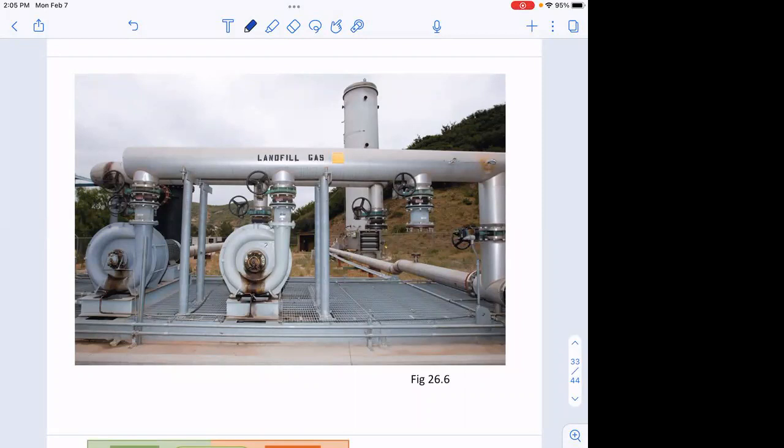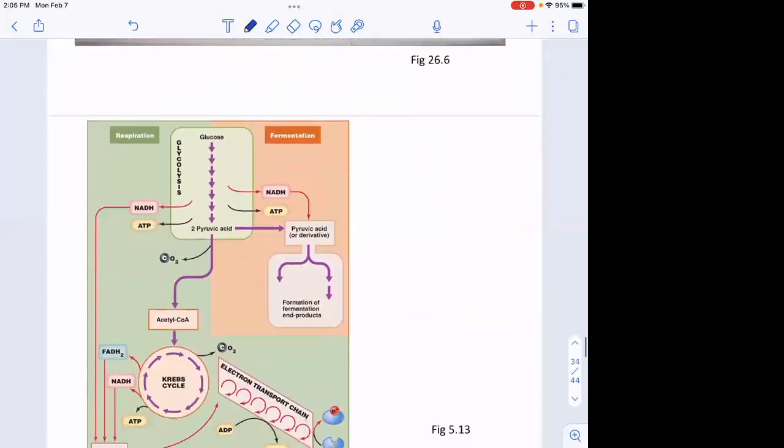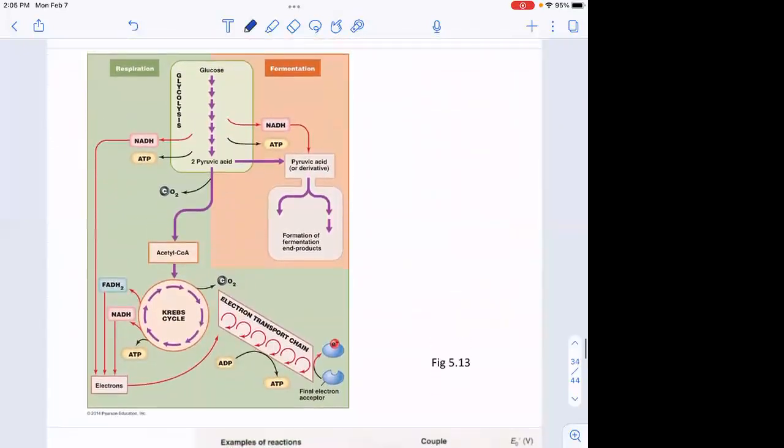All right, so what point was I going to make here? Okay, it's important to recognize, and sometimes we get mixed up between anaerobic respiration and fermentation. I don't think I posted this again, but if oxygen is the final electron acceptor here, that's aerobic respiration.